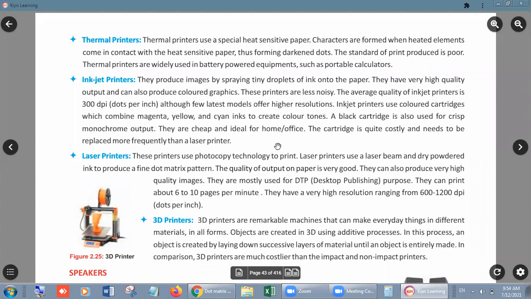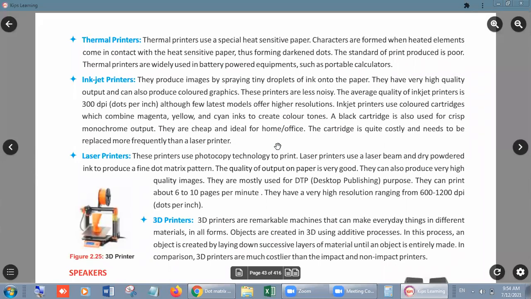Now, students, there was a problem that it can't print more than 100 papers, right? Because it is for home, because we mostly print normal papers, we never print colored papers. So for home and office, they were very cheap.